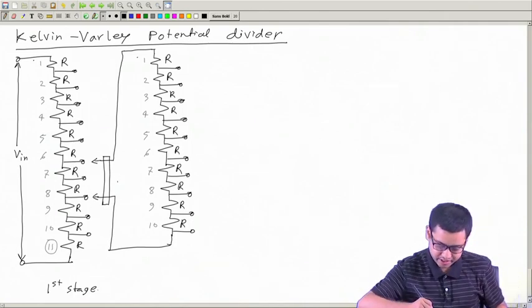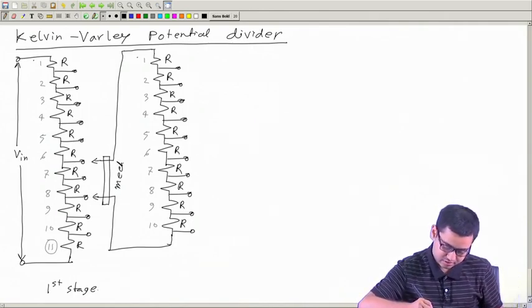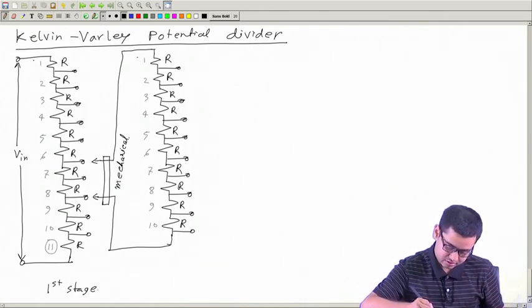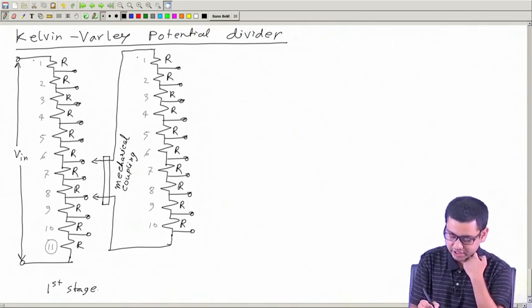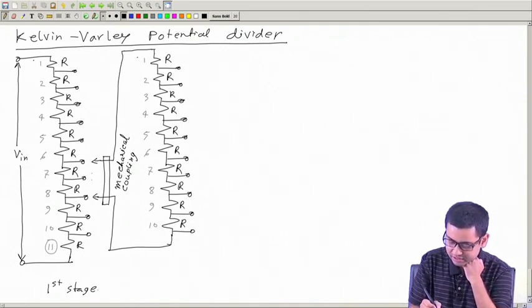This is mechanical coupling. If this pointer is connected here, the next pointer will be connected to the switch after leaving one switch.